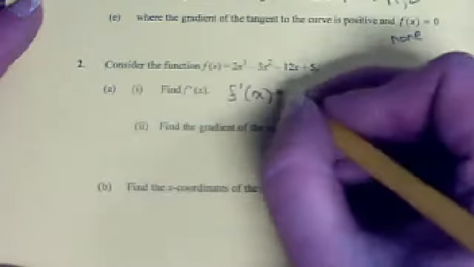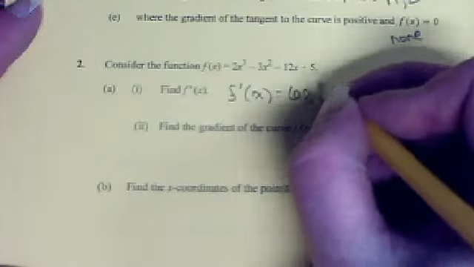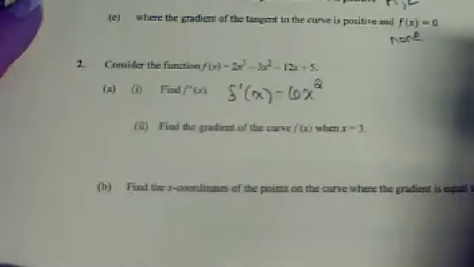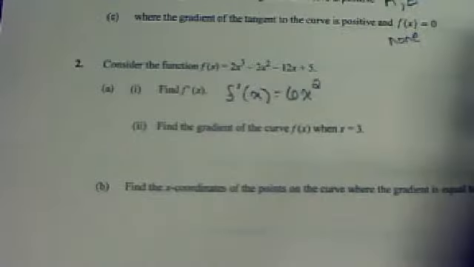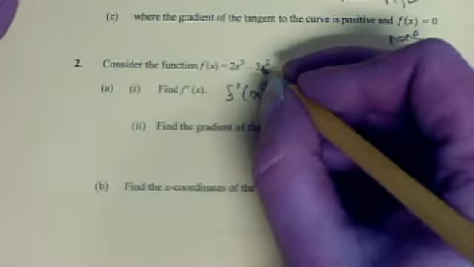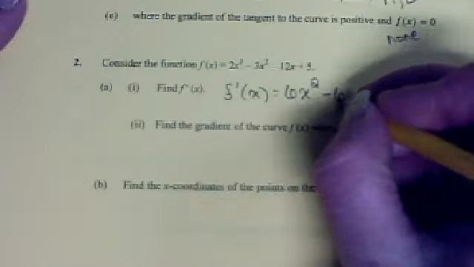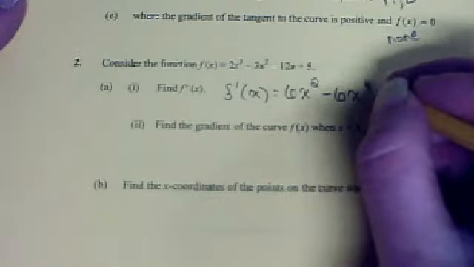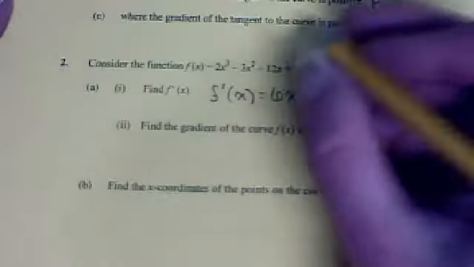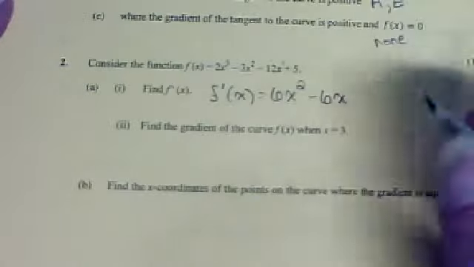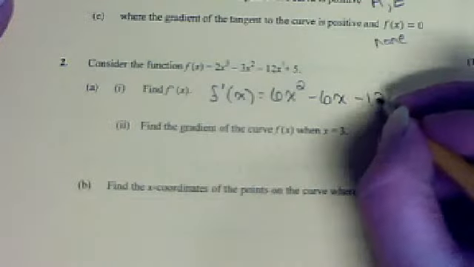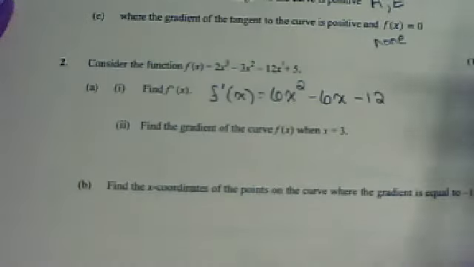So 3 times 2 is going to give me 6x, and then I'm going to go to squared because a 3 drops down to a 2. Minus 3x squared. So 2 times a negative 3 would be a negative 6x to the 1 because the 2 would drop down 1. Negative 12x to the 1. So that's going to be a negative 12x to the 0 when I bring it down a notch.